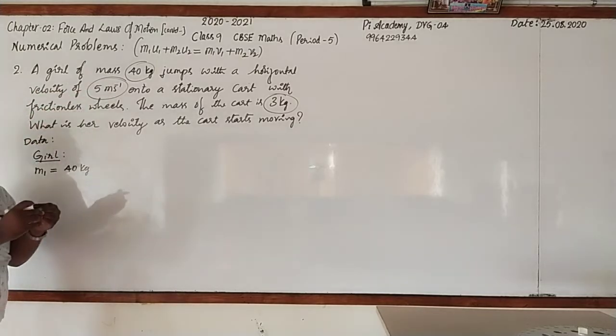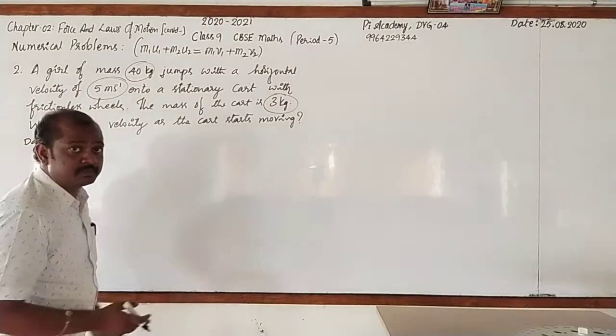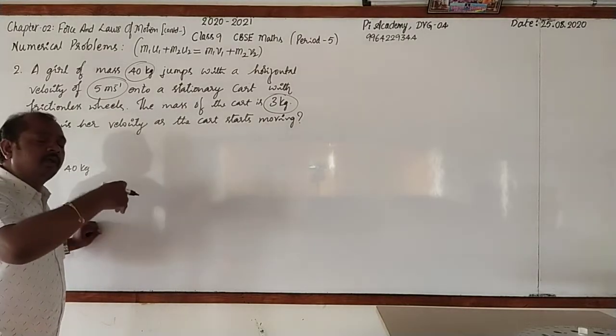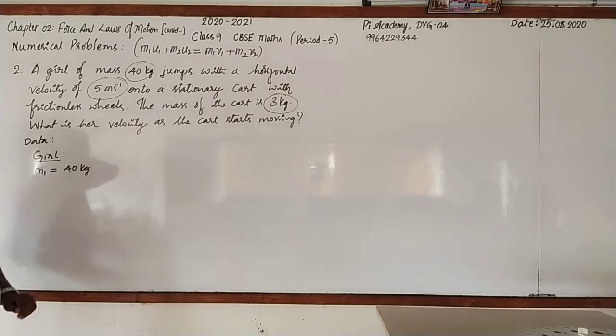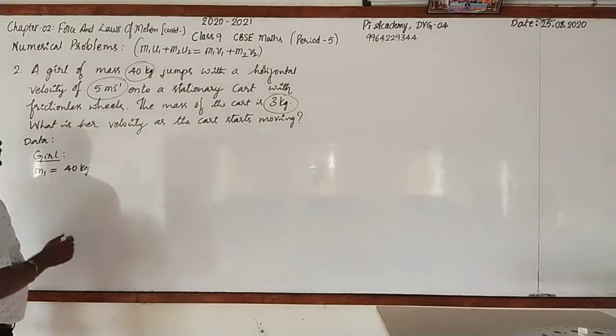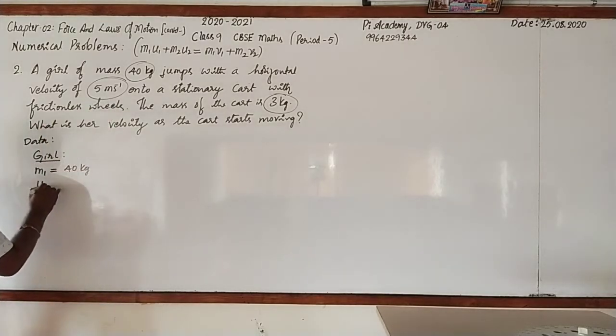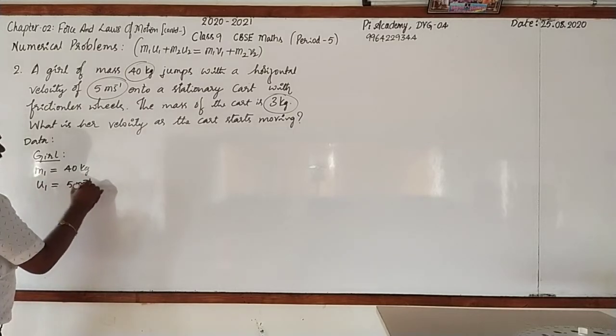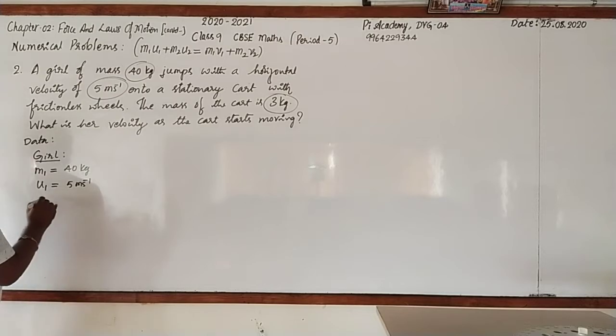This is the velocity with which she jumps. Then after, when she jumps on the cart, she will move with some other velocity. Then what does 5 meter per second indicate? It is the initial velocity. Call it U1. It is 5 meter per second. Then the final velocity is unknown.